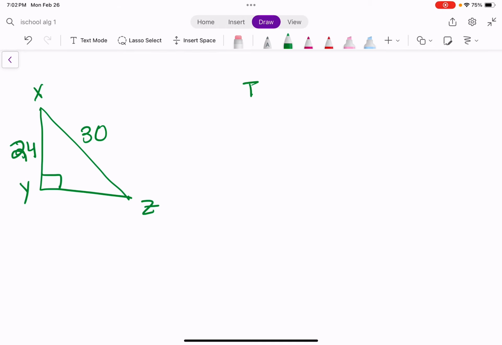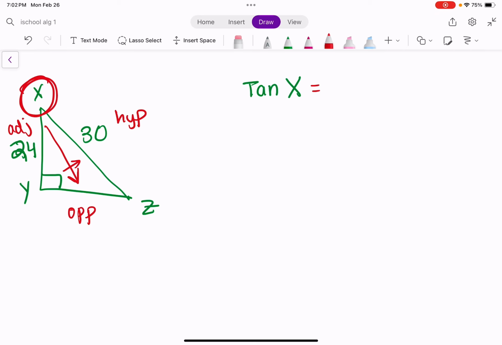Let's say I'm trying to find the tan of X. Okay? So X is right here. My hypotenuse is here, my opposite is this blank side, and my adjacent is the 24. Now, according to SOHCAHTOA, tan is opposite over adjacent. And if you notice, I know my adjacent, but I don't know my opposite, okay?